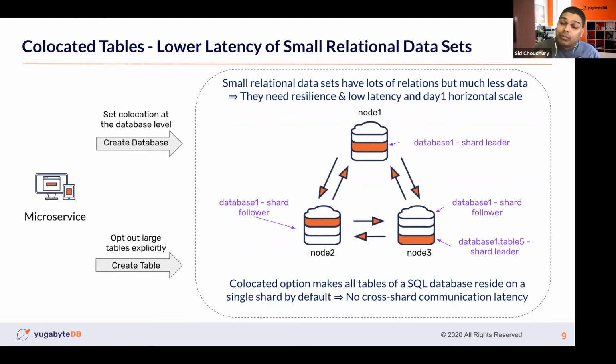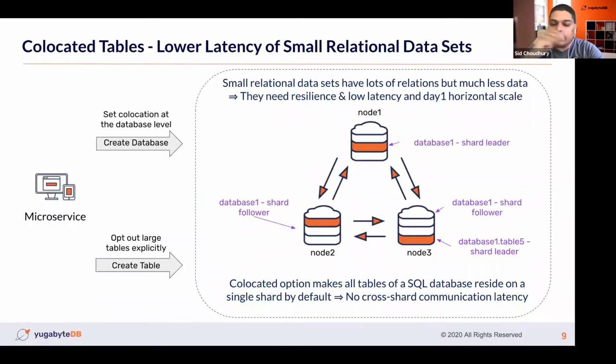So we still continue to provide the value of resilience, right? Where if there is a node failure and that big shard where all these tables were located is lost, then automatically another node takes over and it heals and writes continue.